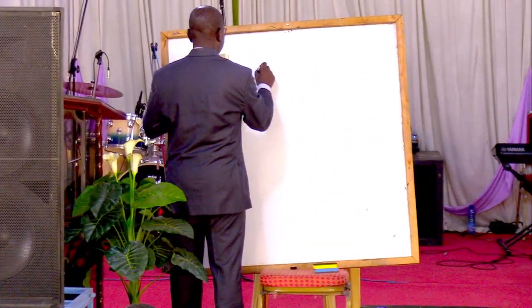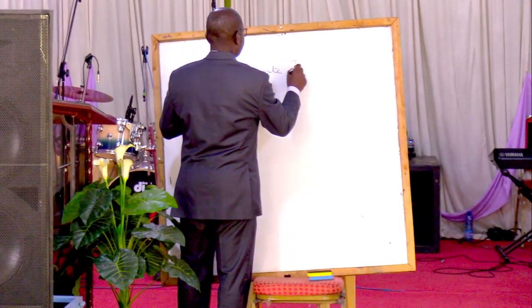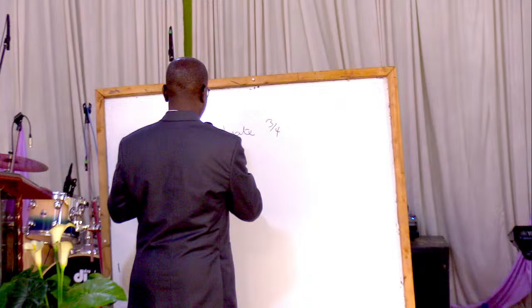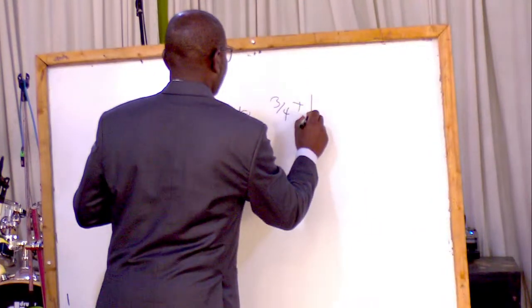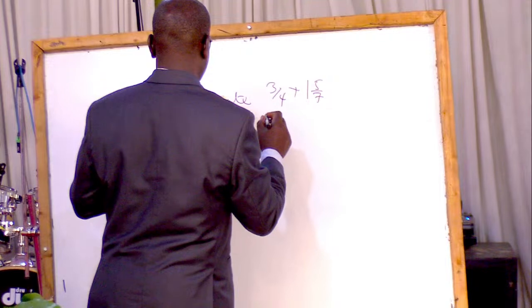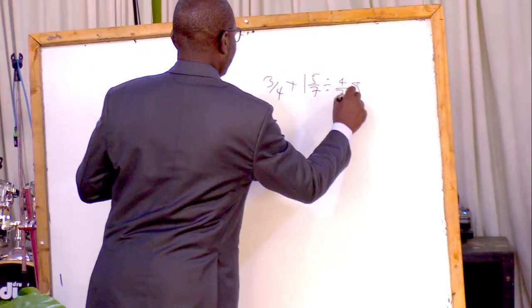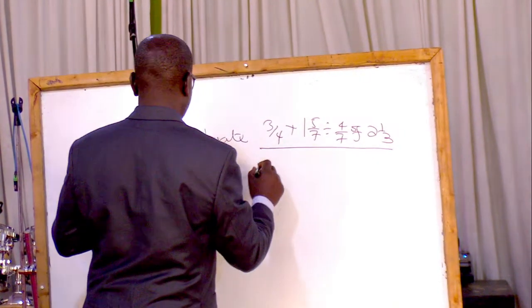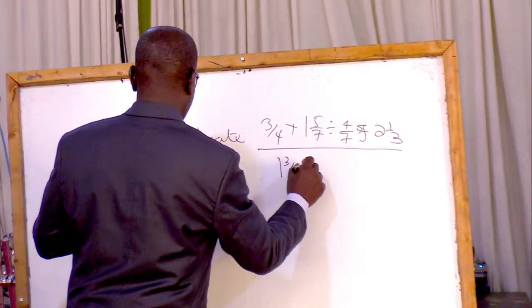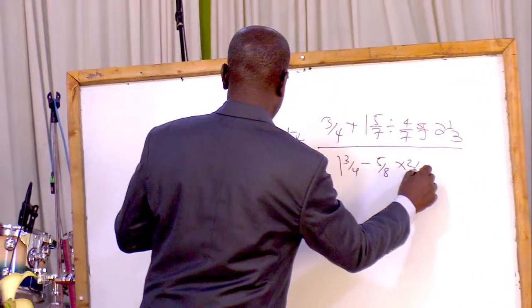evaluate 3 over 4 plus 1 and 5 over 7 divided by 4 over 7 or 2 and a half. 1 and 3 over 4 minus 5 over 8 times 2 over 3.